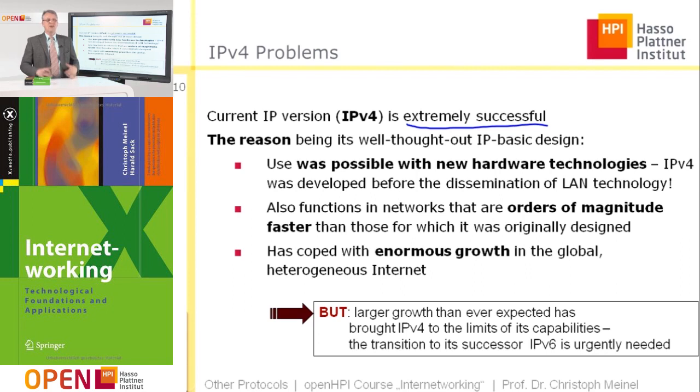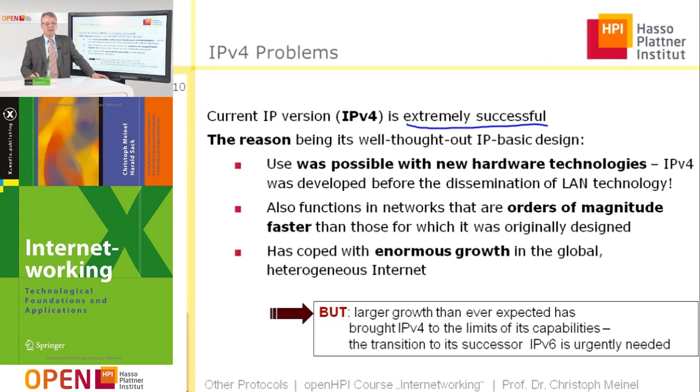To connect a new device, a sensor, a smartphone, a tablet to the internet, it needs an address. This enormous growth of the internet brought a situation where the about 1 billion addresses that are possible to describe with strings of 32 bits ran out a couple of years ago.